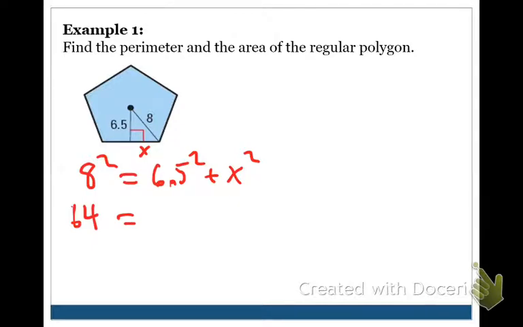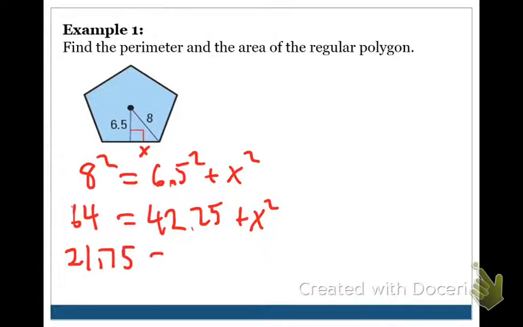Abby, what is it? 42.25. 42.25 plus x squared. So then we subtract 42.25 from 64. So we get 21.75, right? Okay. Equals x squared.